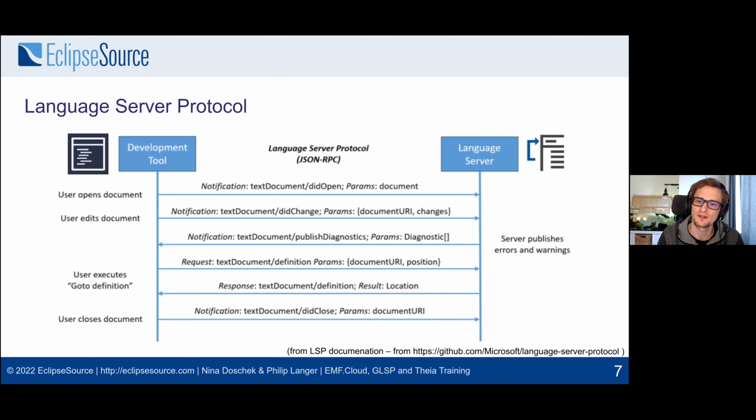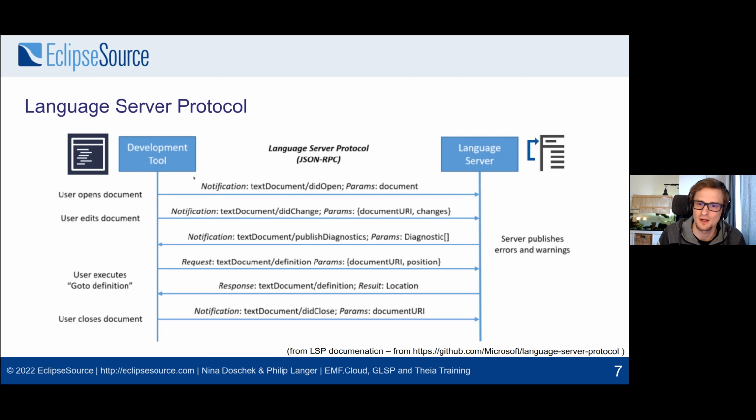All they talk about is files and locations in those files. And that there might be some completion proposals for an autocomplete that someone invoked on this character position. The reason for that is because this makes it extremely versatile and not depending on any structure that one language might have and another language does not have, which in turn allows the client to be extremely generic and really focus on the UI only.